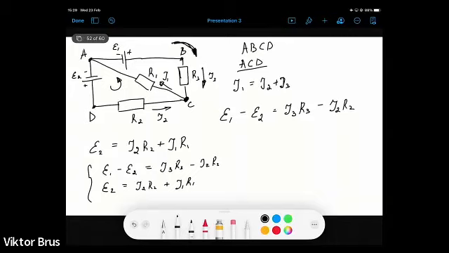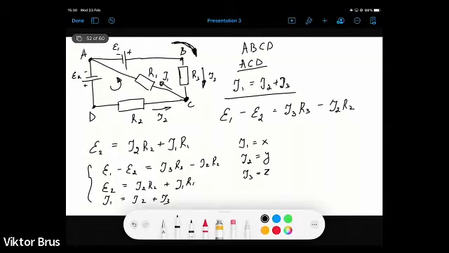And the third equation, which is necessary here, is the one we got from the junction law: I1 is equal to I2 plus I3. If all parameters of the components of this electric circuit are given, then we can calculate these electric currents. We can consider I1 as some unknown X, I2 as unknown Y, and I3 as unknown Z.